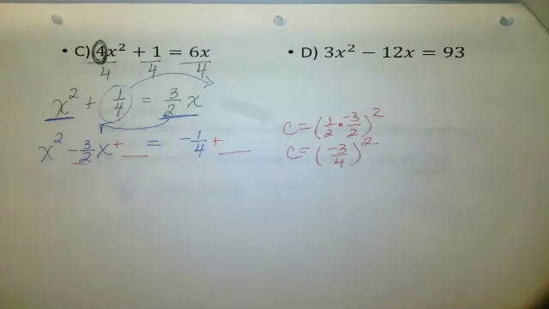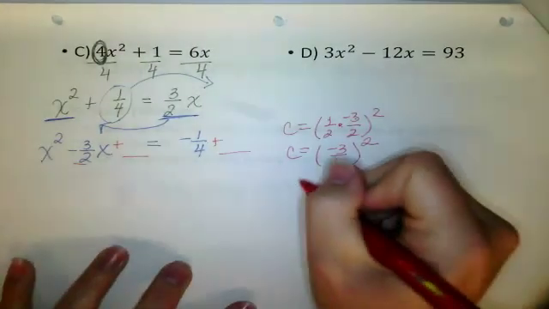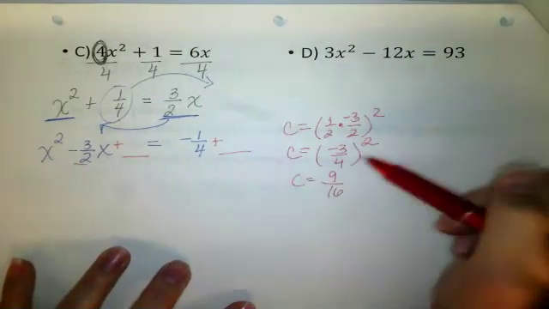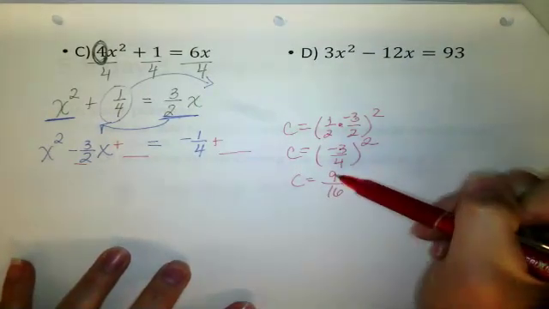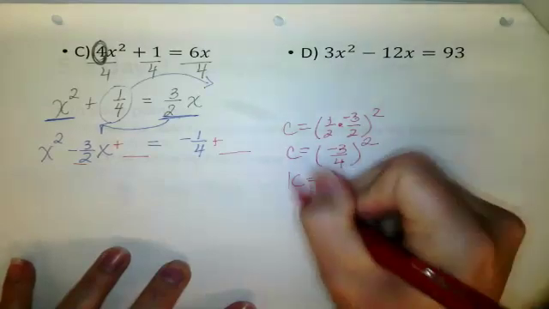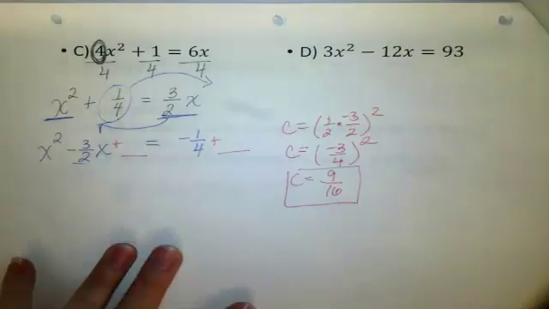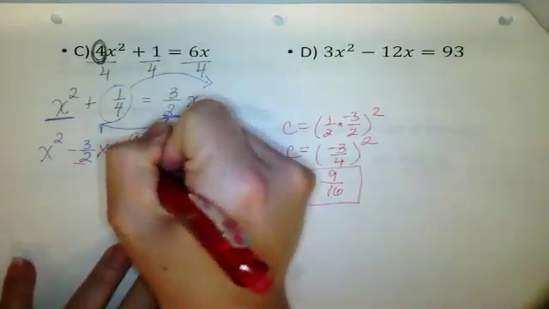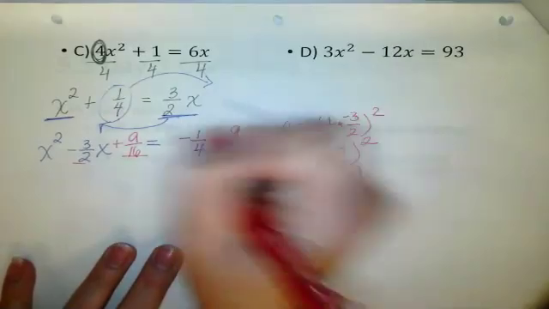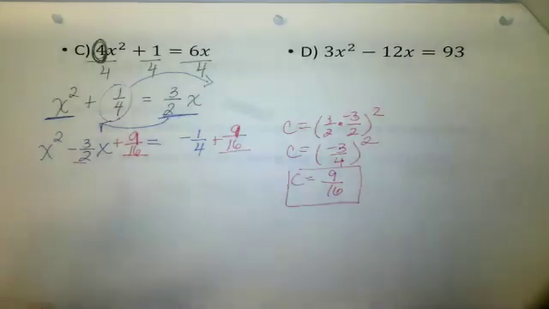And we square that. What's negative 3/4 times negative 3/4? 9/16. Very good. Negative 3 times negative 3 is positive 9. 4 times 4 is 16. So there is our C value, 9/16. You will create some fractions today, ladies and gentlemen, but that's what calculators are for.